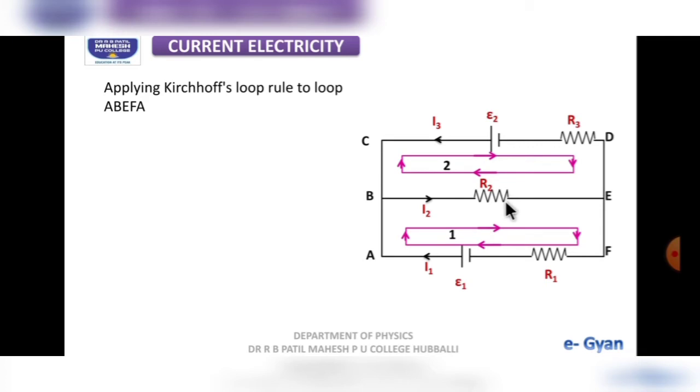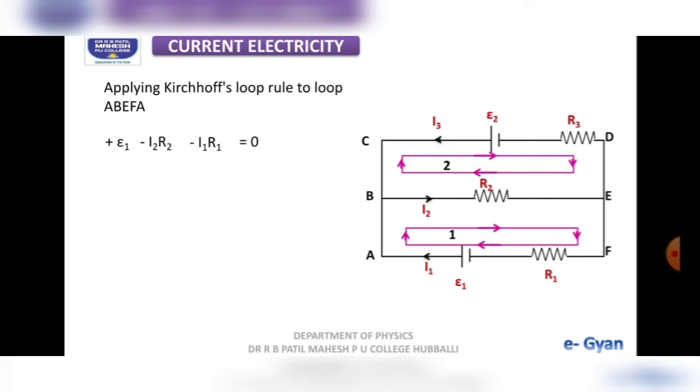Hence, by applying this rule, we can show that the sum of voltages in the loop is equal to 0. That is, plus E1 minus I2 R2 minus I1 R1 is equal to 0. This proves Kirchhoff's loop rule.